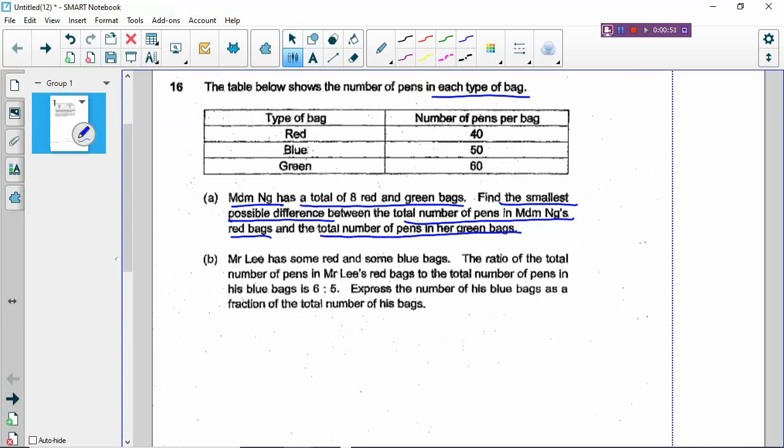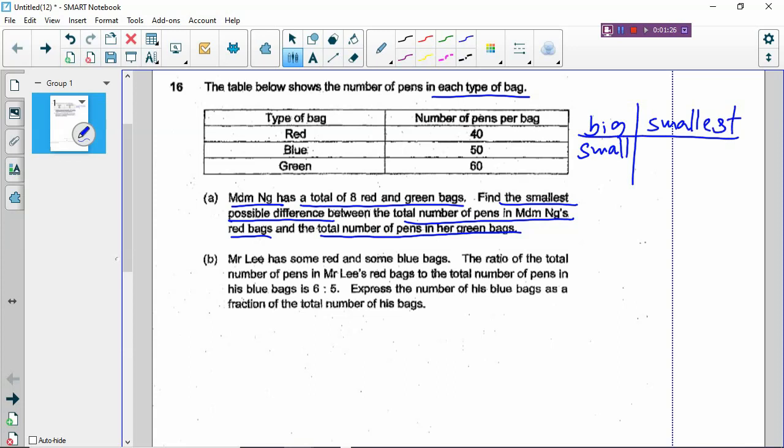To understand how to get the smallest possible difference, you must go back to your P3, P4: how do you get the biggest difference and the smallest difference? To get the smallest possible difference, you have a big number minus a small number. The first number, which is the bigger number, must be as small as possible.